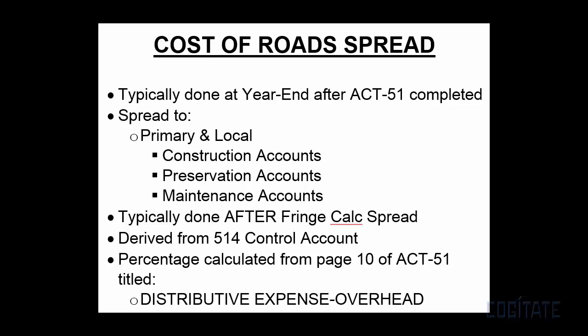The cost of roads amount to spread is derived from accounts under the 514 control account. The percentage to be spread to each construction, preservation, maintenance account is calculated by completing page 10 of the Act 51 report titled Distributive Expense Overhead.